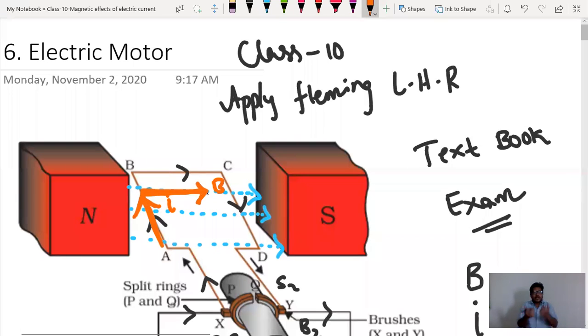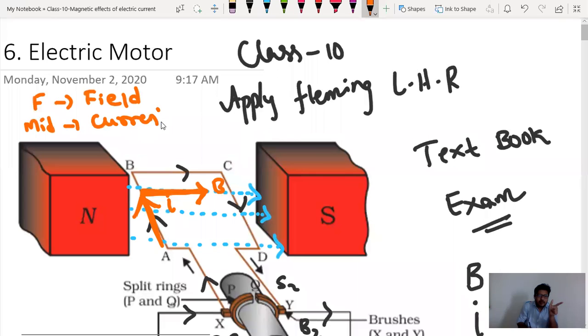Now what should be the direction of force? Apply the left hand rule. While coming to the left hand rule, your forefinger indicates field, middle finger indicates current, and your thumb indicates force or motion.